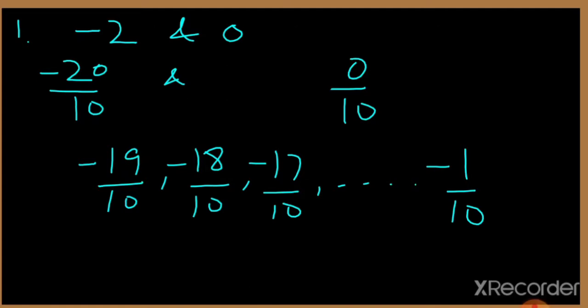I have so many rational numbers between minus 2 and 0. You have to write any 3 of these. So we can see that between 2 given rational numbers, we can find as many rational numbers as we want. One more example.